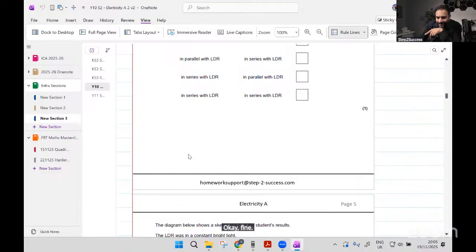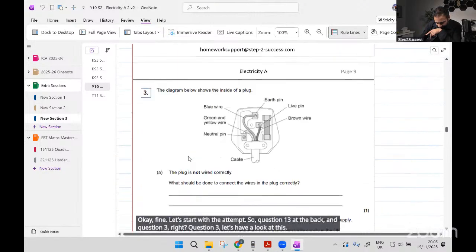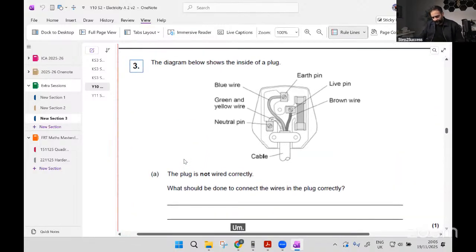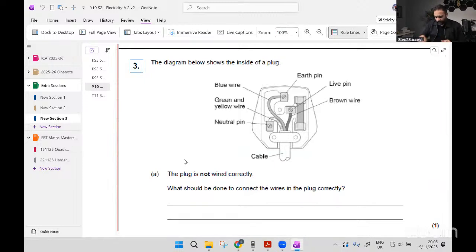So question 13 at the back and question three. Right, question three. Let's have a look at this. The plug is not wired correctly. What should be done to correct the wires? I think it's the position of something. Yeah, it is the position of something. Okay, no problem. I'm getting there.